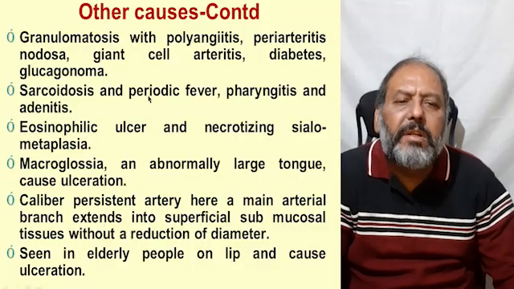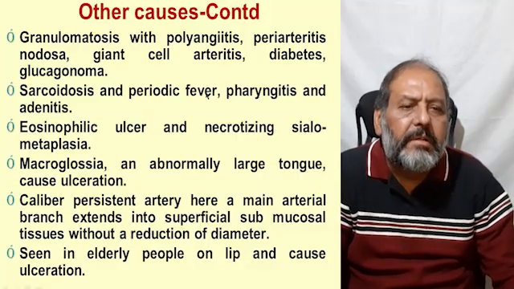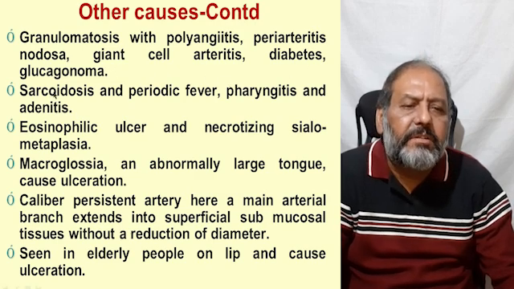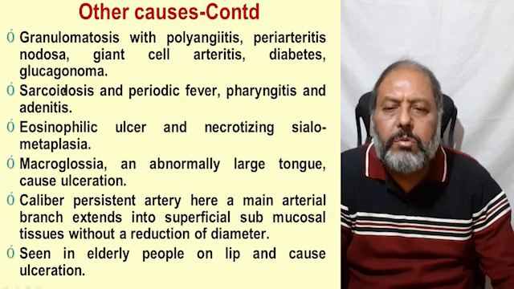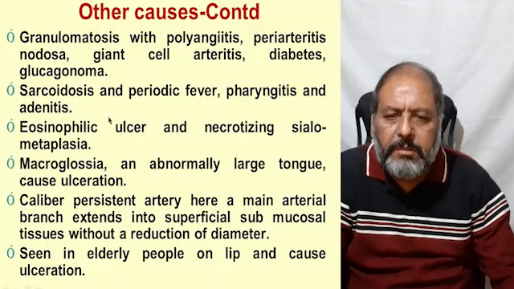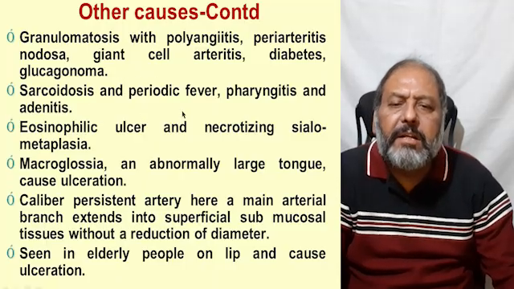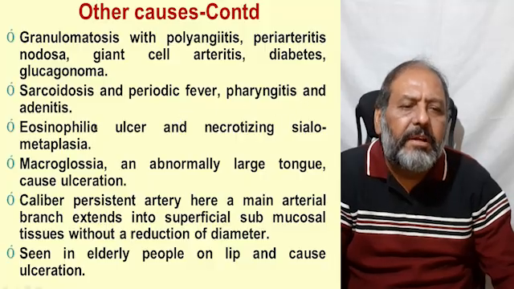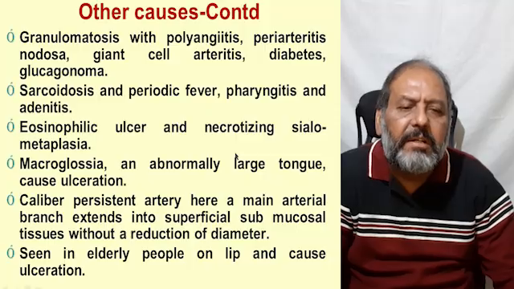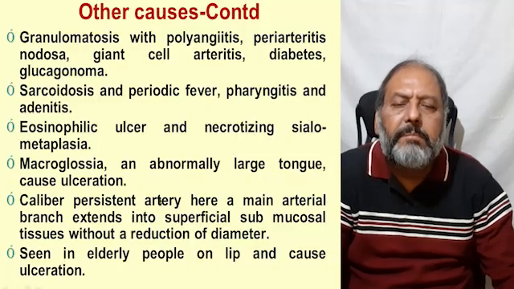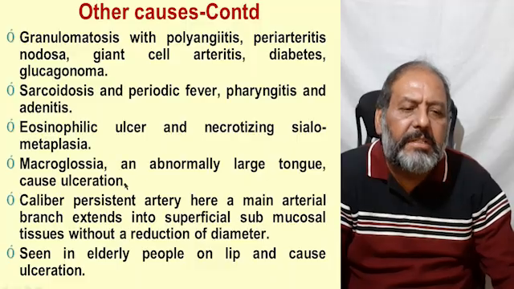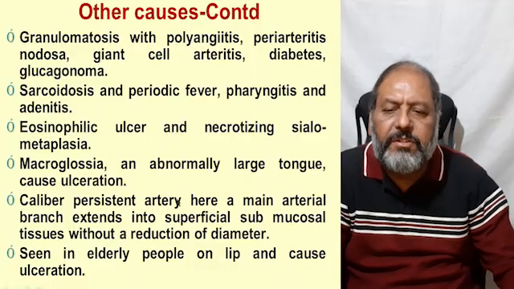Granulomatosis with polyangiitis, polyarteritis nodosa, giant cell arteritis, diabetes, and glucagonoma are also responsible. Then sarcoidosis and periodic fever, pharyngitis and adenitis, eosinophilic ulcer and necrotizing metaplasia, and macroglossia, an abnormally large tongue, cause ulceration.